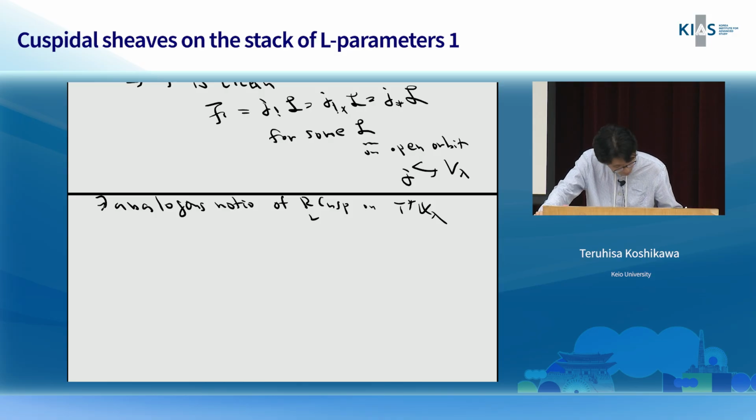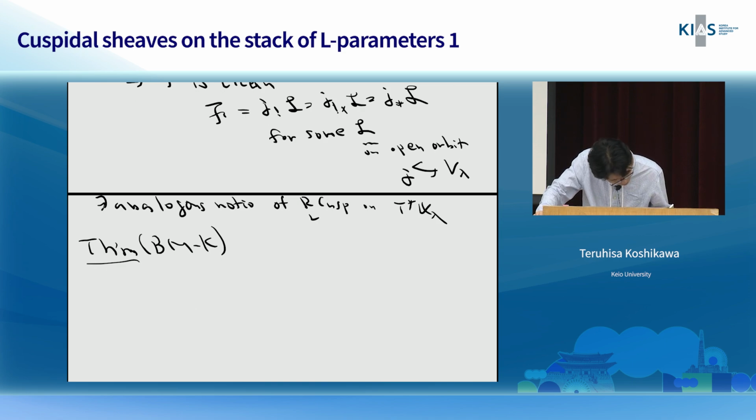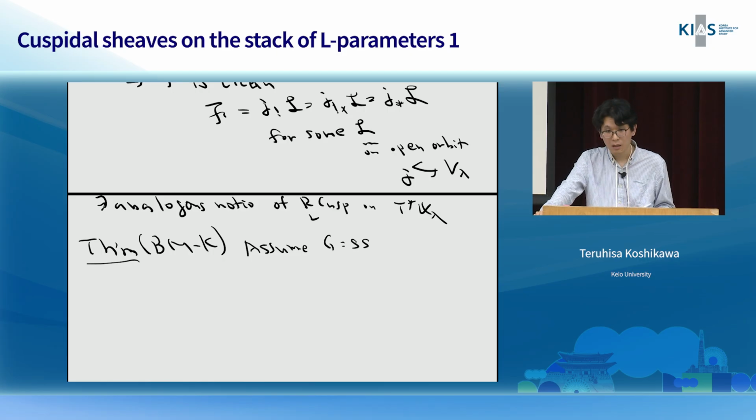And then one result is now, so for simplicity, assume G is semi-simple. I mean, the setting is still general, but G is now semi-simple.